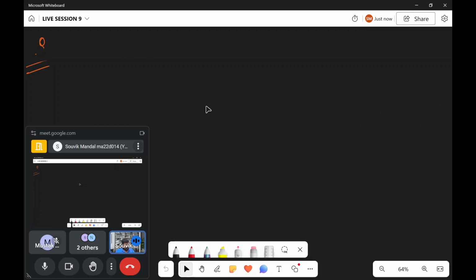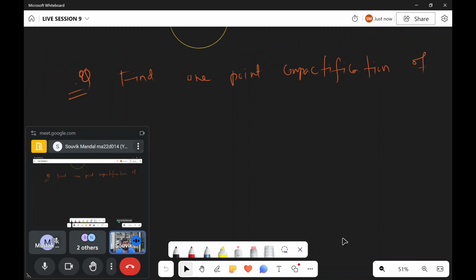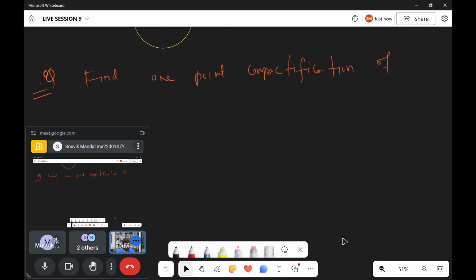So the next question is: find the one point compactification of two disjoint lines.